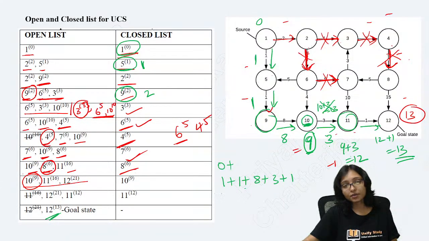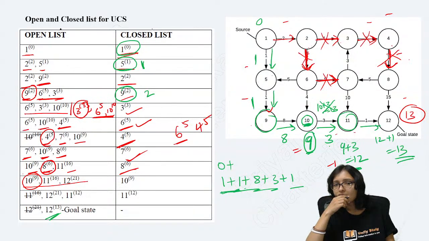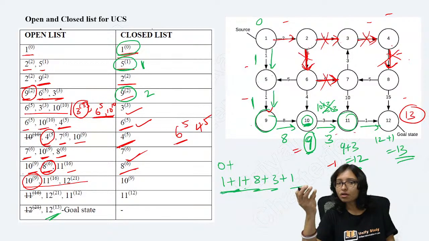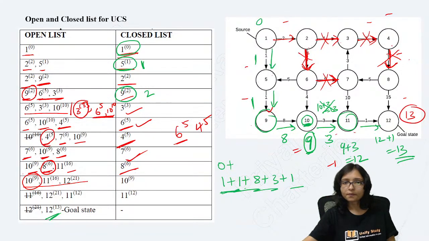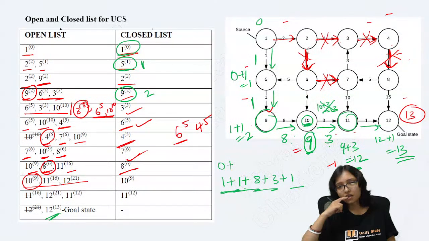My final answer will be 1 plus 1 plus 8 plus 3 plus 1. So 10. Where is the mistake? This is 0 plus 1, that is 1. Then 1 plus 1, 2. 2 plus 8.